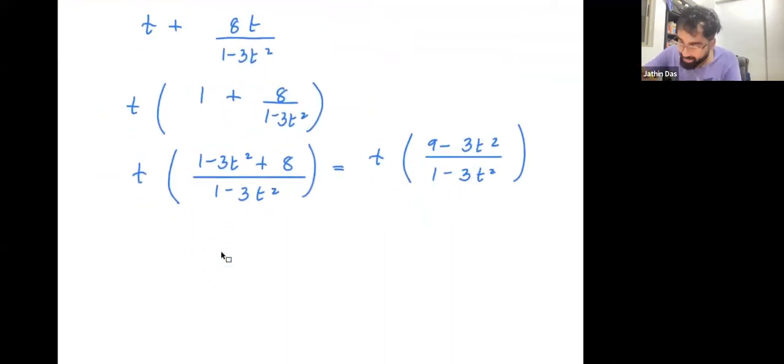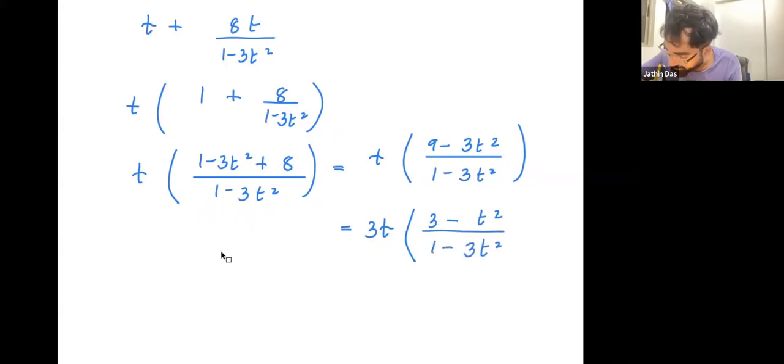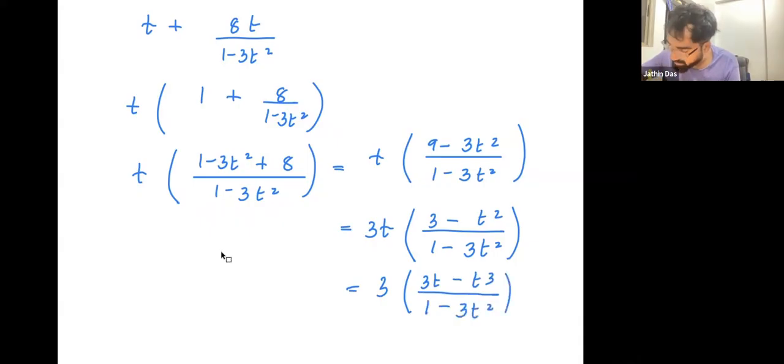I can take 3 common again, from the numerator, 3t into 3 minus t² by 1 minus 3t². Now I put the t inside: 3t minus t cube, which now you know. What is coming? 3 tan 3a.